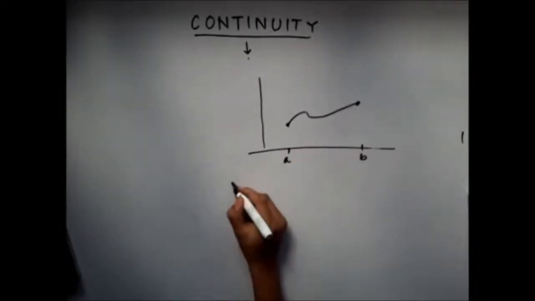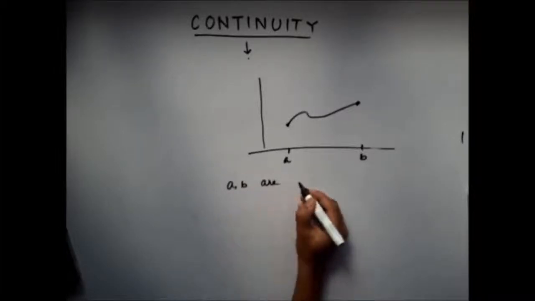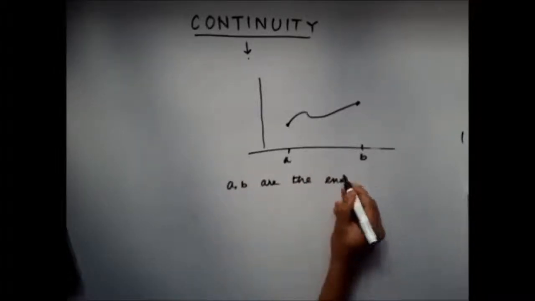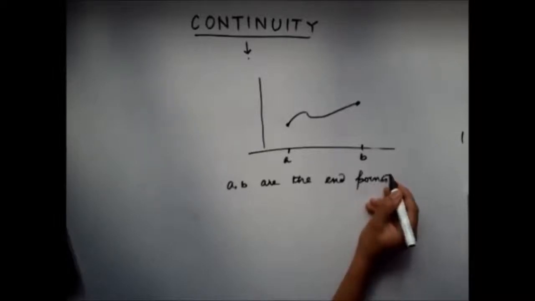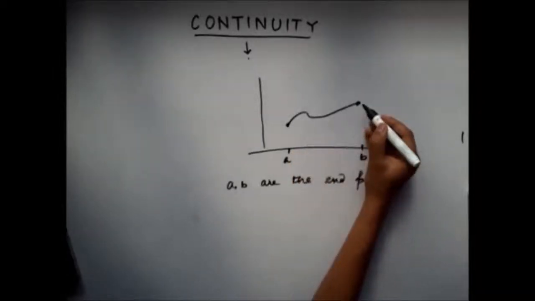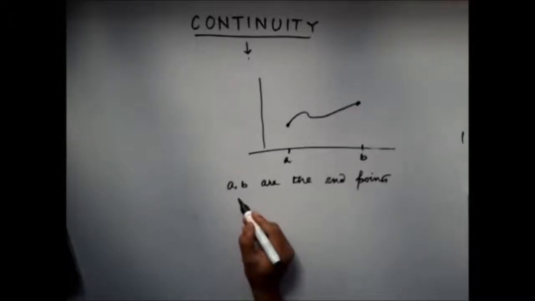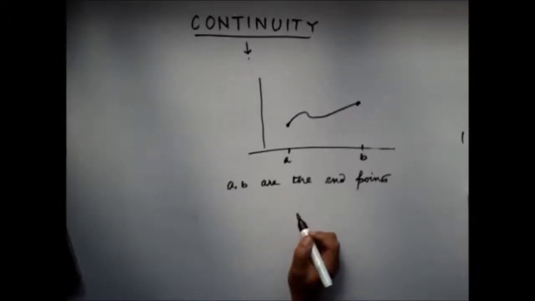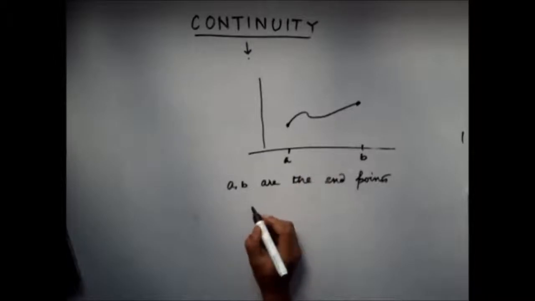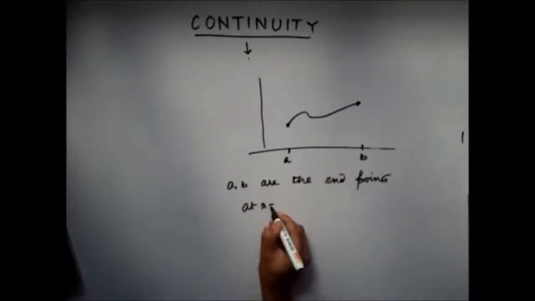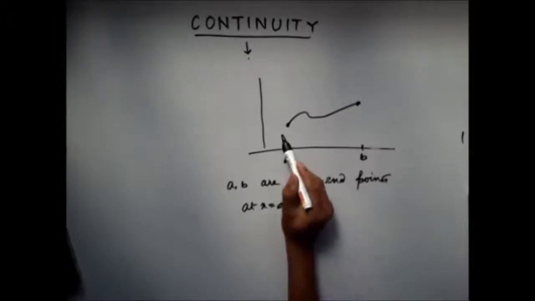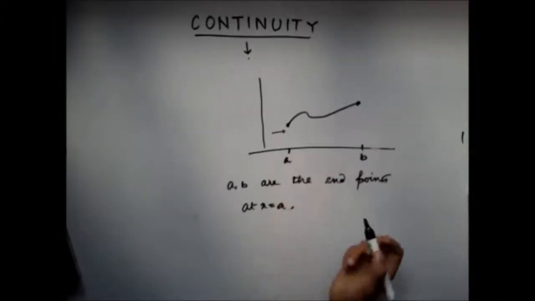Clearly you can see that a and b are the endpoints, because the function is defined from a to b, so a and b are the endpoints at which the function is defined. Now to check at the endpoints, obviously let's say I have to check the continuity at x equals a. Obviously at x equals a, there is nothing called left hand limit.